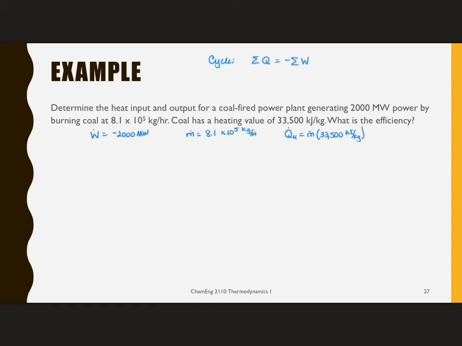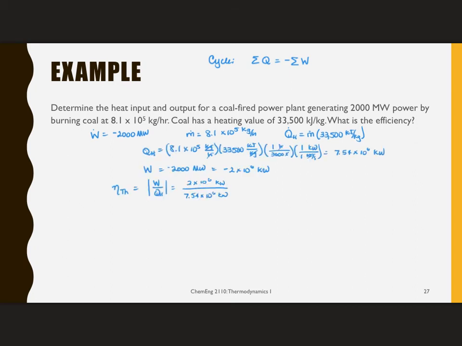So multiplying the flow rate of the coal by the energy value output of that coal when it's burning, 33,500 kilojoules per kilogram, we can get QH, and the units on this are going to be a little bit wonky.